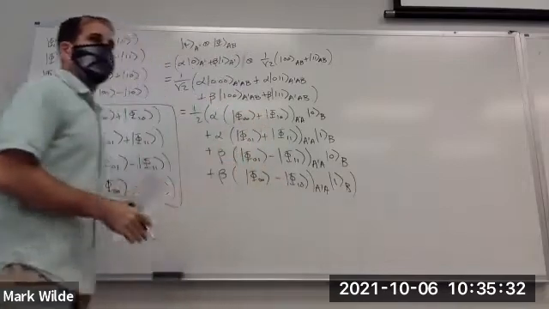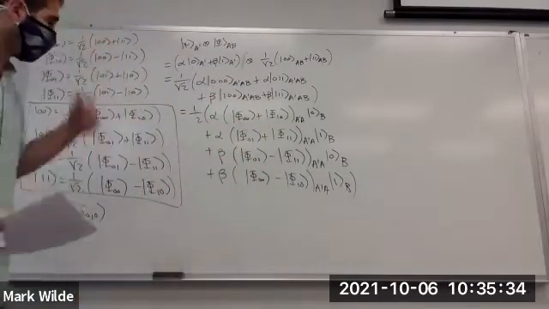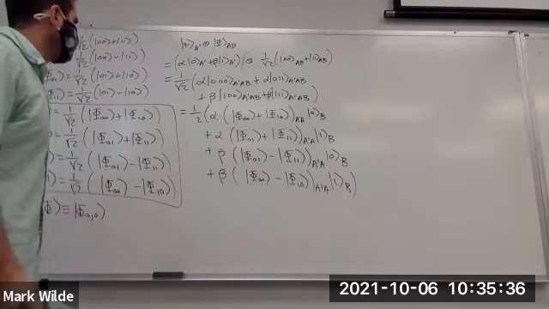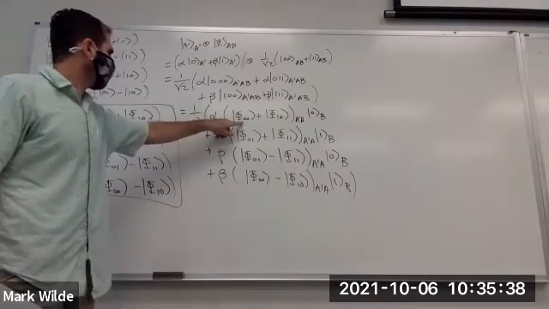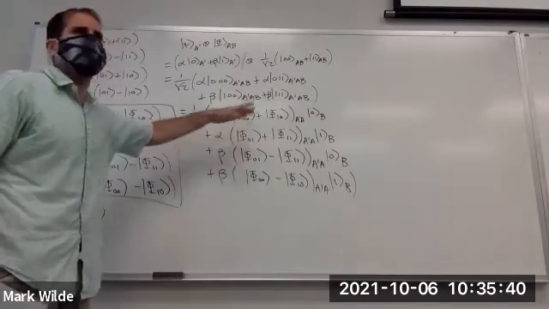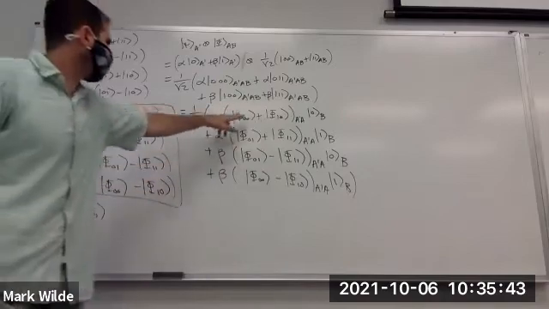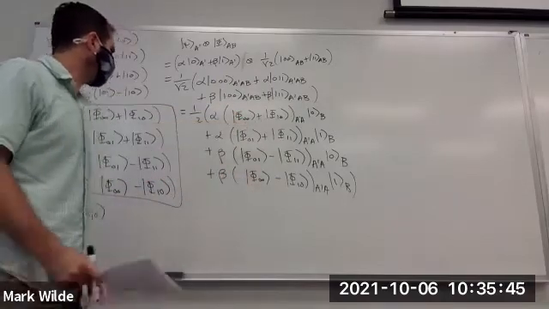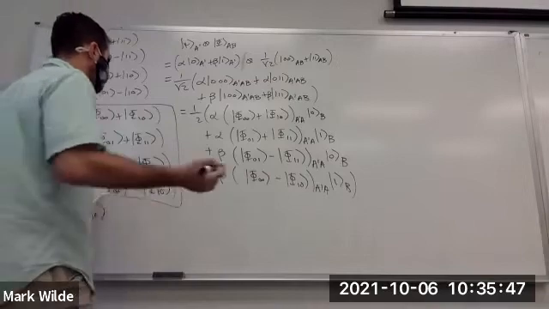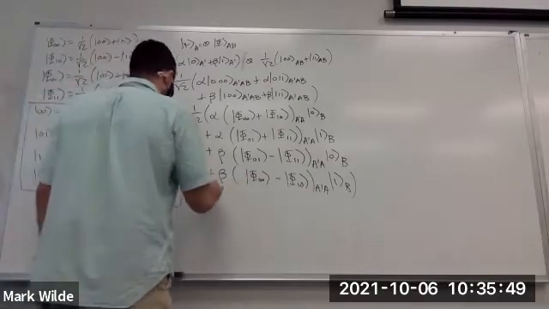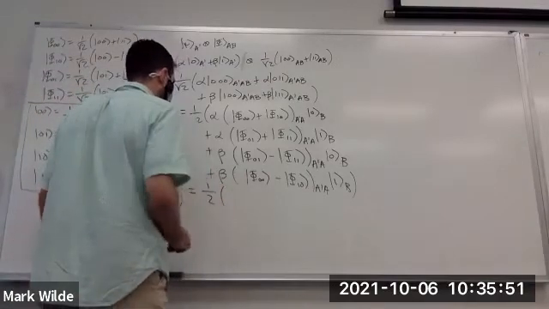Okay. Now we just find matching terms, right? So we're going to pair up the phi terms that correspond to each other. Phi 0, 0 with phi 0, 0. Let's do it. Another step of algebra.